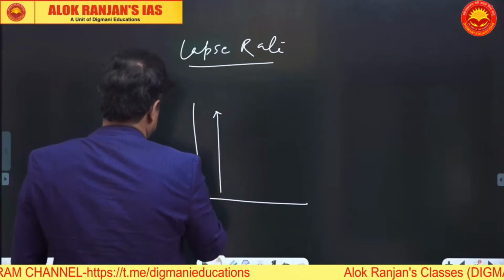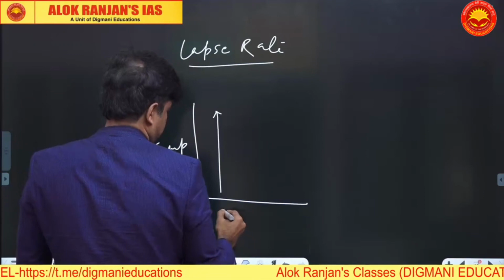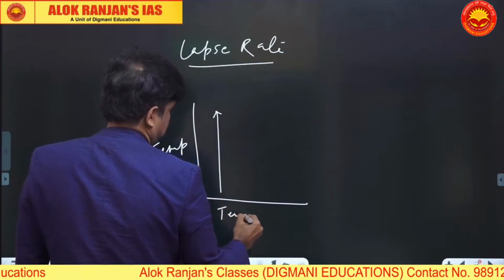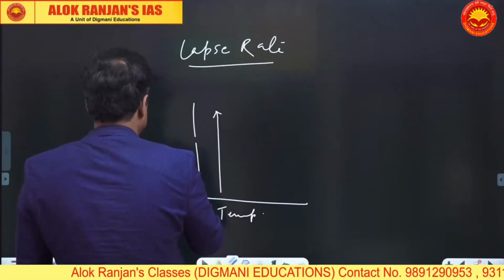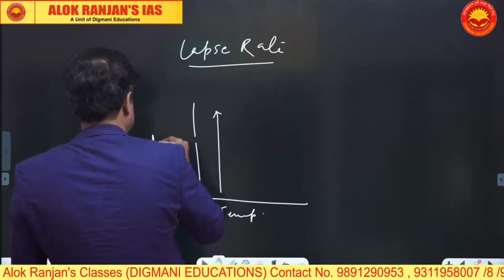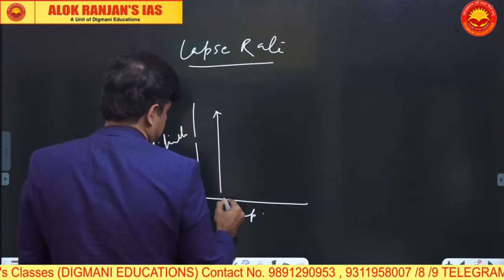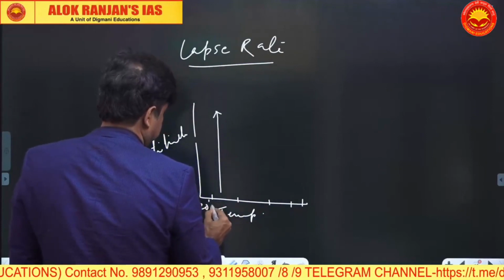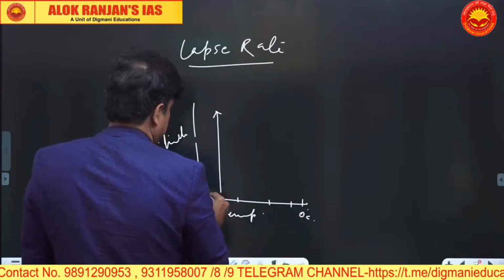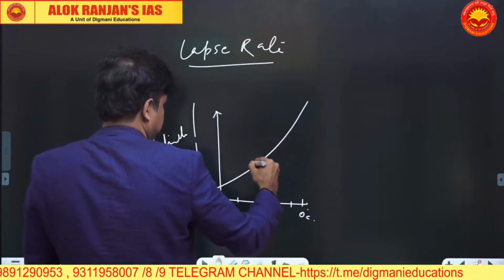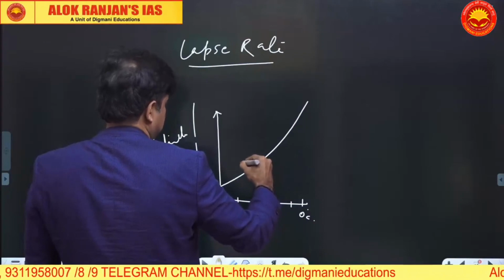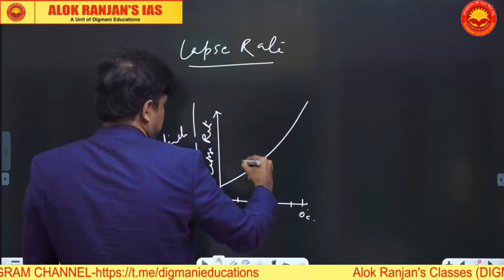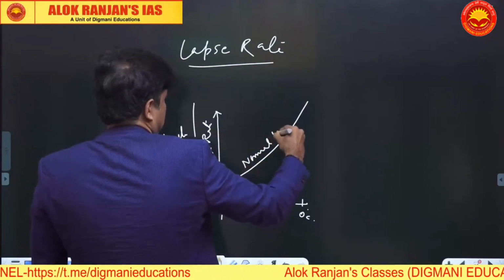So if here you have temperature, and this is your altitude, and if this is 20 degrees centigrade and this is 0 degrees centigrade, then this curve line will be showing the lapse rate, or this is the normal lapse rate.